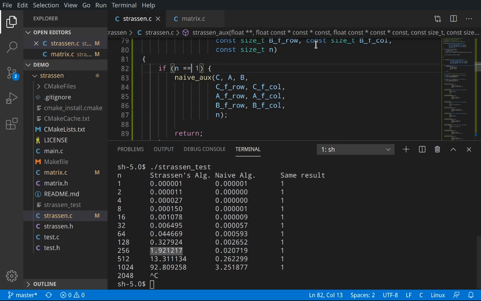So let's try to make this change, which is quite straightforward. So if n is smaller or equal to 128, this is the change.